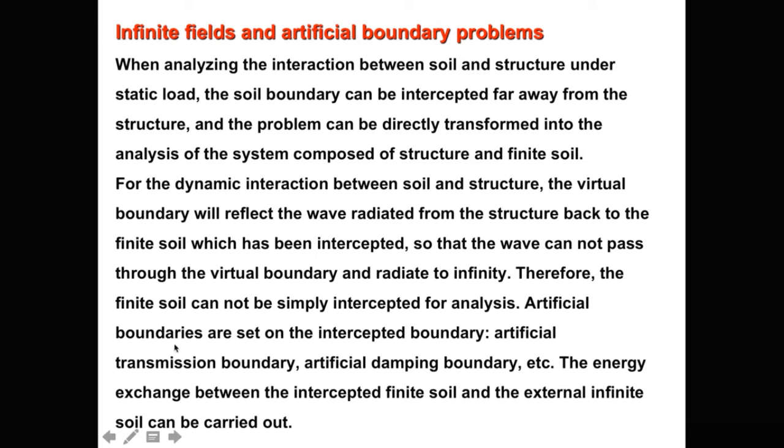Artificial boundaries are set on the intercepted boundary, such as artificial transmission boundaries and artificial damping boundaries, so that energy can be exchanged between the intercepted finite soil and the external infinite soil.